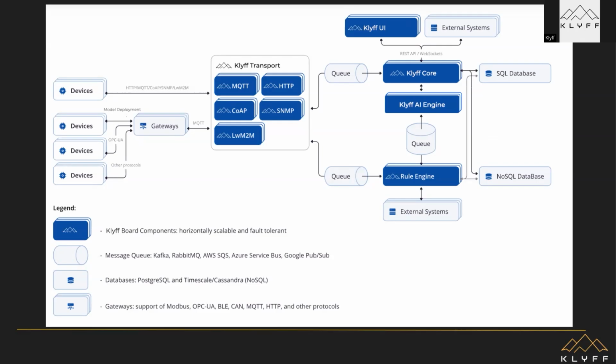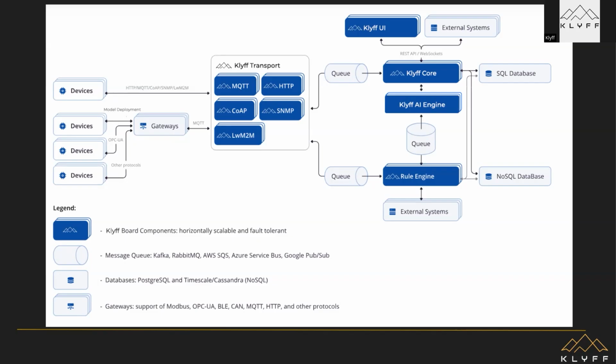When we talk about scalability, Klyff is ThingsBoard on steroids because a lot of components are made with functional programming and actor ecosystem. What that means is that to support, say, 15,000 devices sending 10,000 messages per second, on a particular cloud provider, your monthly cost is going to be less than $40 a month.